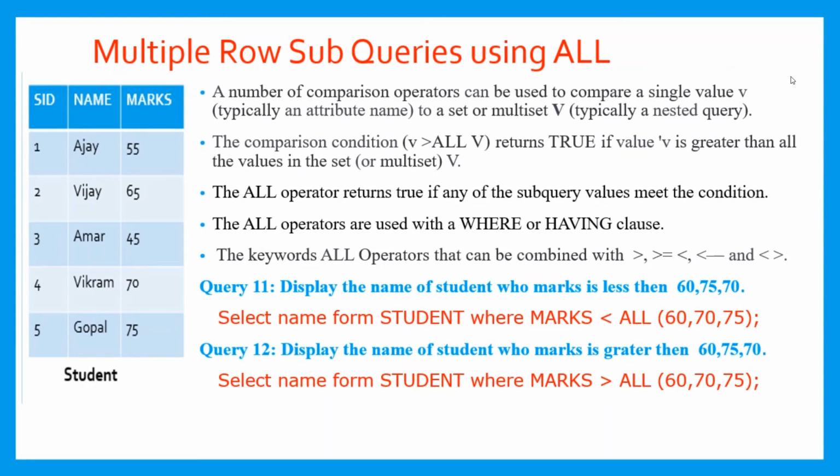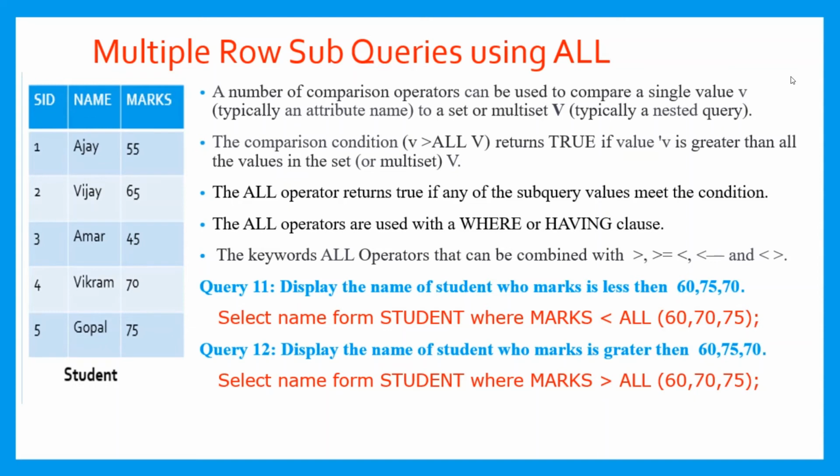The comparison condition, the outermost query is greater than ALL the innermost query, returns true if value V is greater than all the values in the set or multiset. ALL operators are used with a WHERE or HAVING clause. The keyword ALL can be combined with a relational operator.